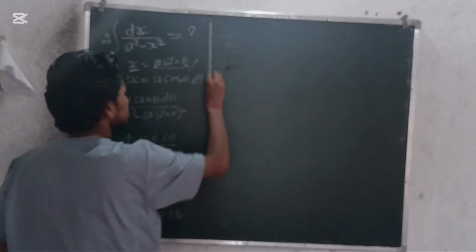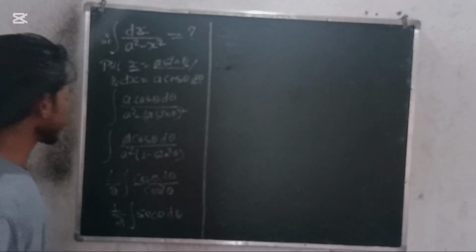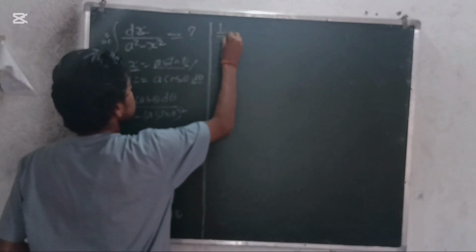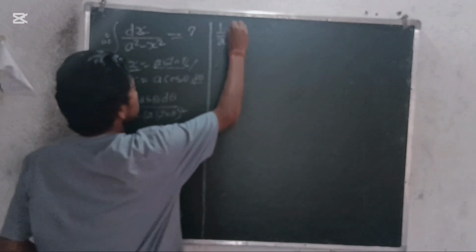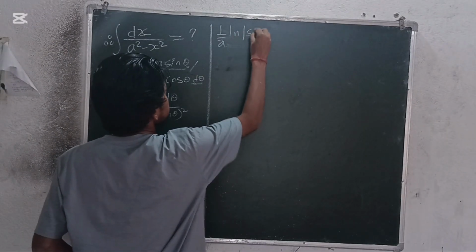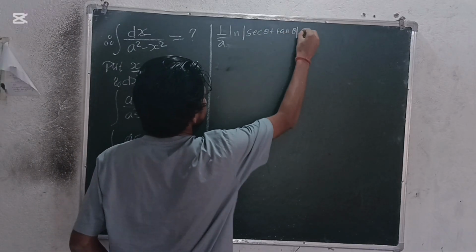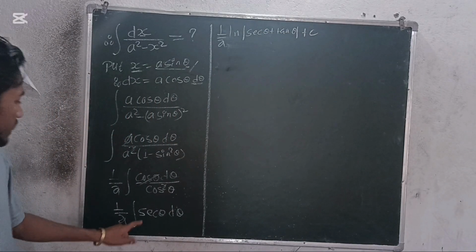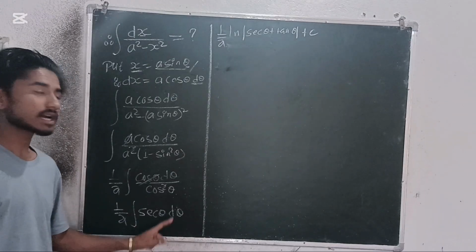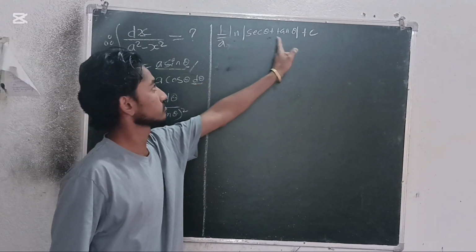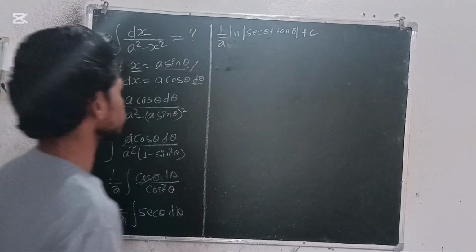Right? So now from here, what can we do? There is a standard integral relation: the integration of secant theta d theta can be written as ln of sec theta plus tan theta plus c.